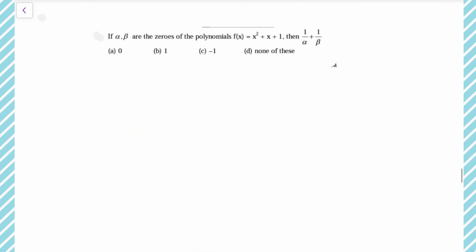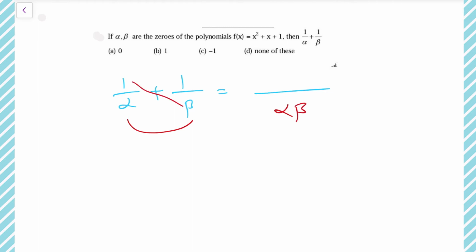Next, if alpha and beta are the zeros, then what is the value of 1 by alpha plus 1 by beta? Here 1 by alpha plus 1 by beta can be written by multiplying both the denominators, alpha into beta, alpha beta, 1 into beta is beta, plus alpha into 1 is alpha. If you observe the numerator clearly, that is beta plus alpha, which can also be written as alpha plus beta. So alpha plus beta is nothing but the sum of the zeros.